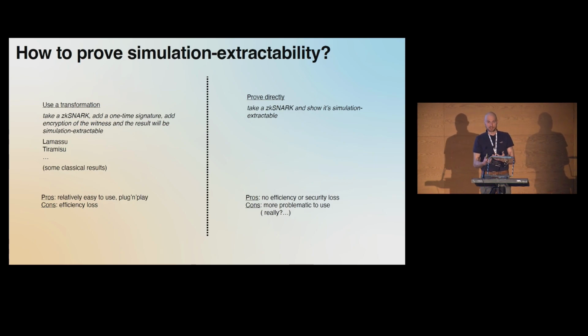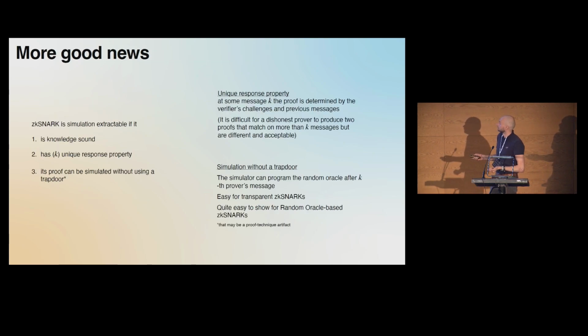On the other hand, we can prove directly. So we can take a SNARK and show that this particular SNARK is simulation extractable. That's a longer way, because we need to analyze SNARK by SNARK. However, it introduces no efficiency or security loss.